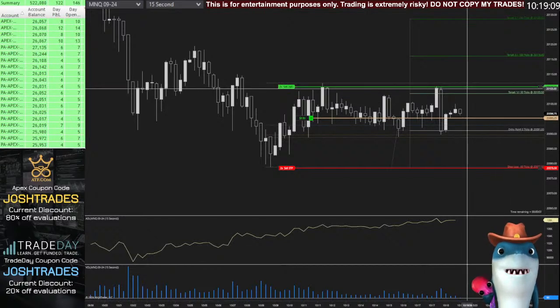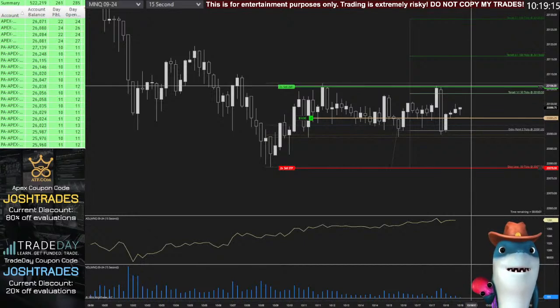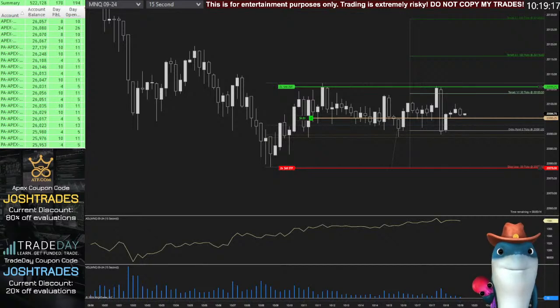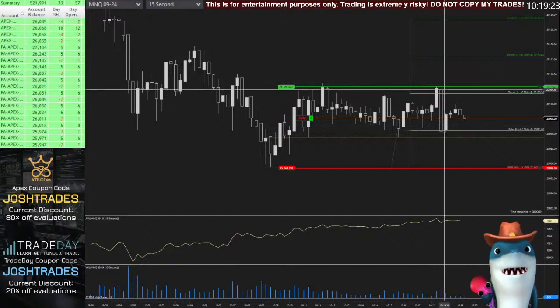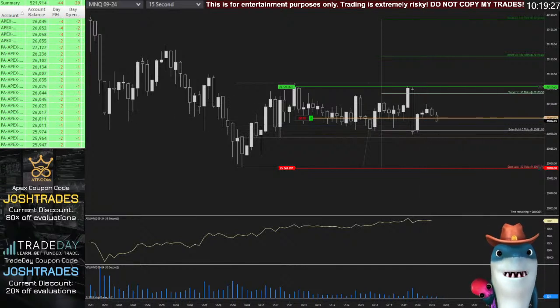But I was literally like 3 ticks away. So that's just unfortunate. But after that big sell-off, buyers still stepped in a little bit here. So I wouldn't say this trade is super doomed yet.